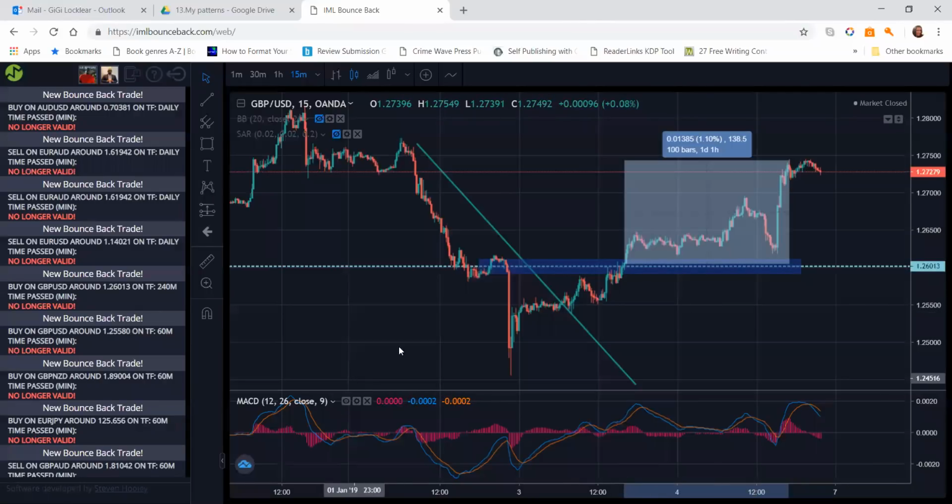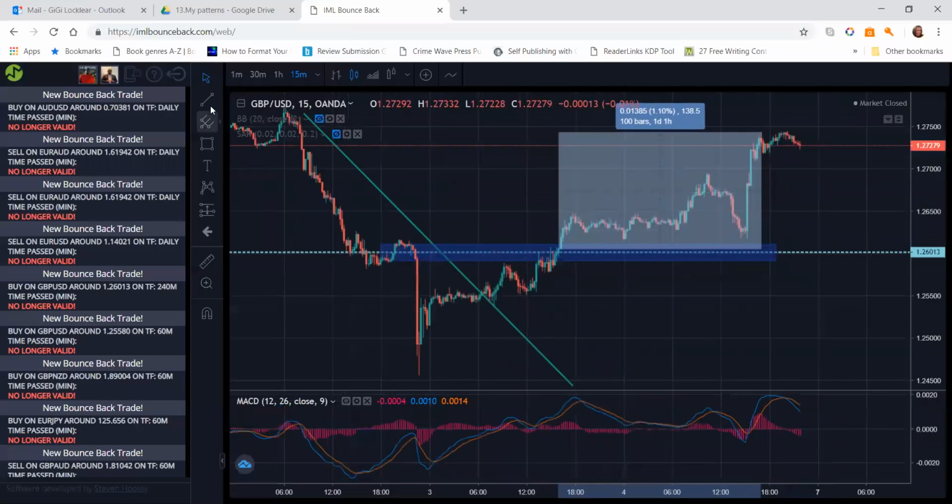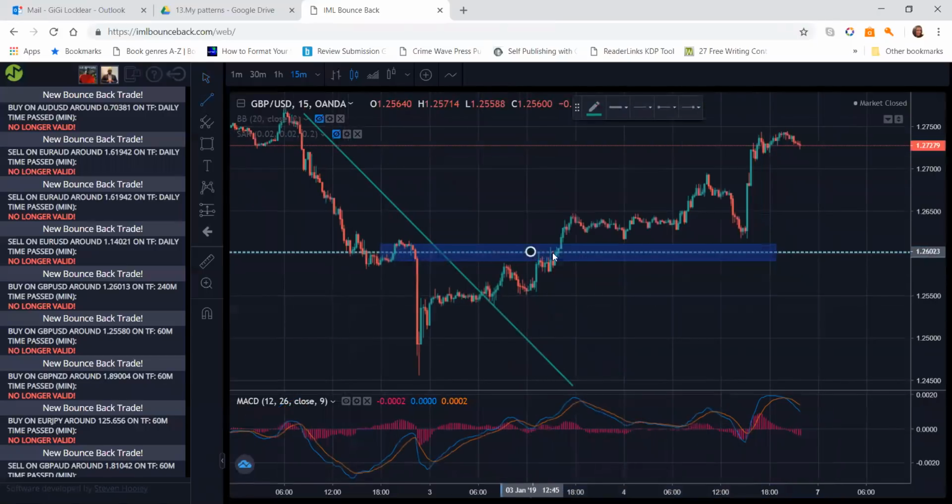So learn market structure, use the bounce back alerts to draw it up. Like it told you to get in here. And you see we had an impulse and a beautiful flag here. And right there at the break of the flag was your entry. So you could have put your stop loss right below this candle here.